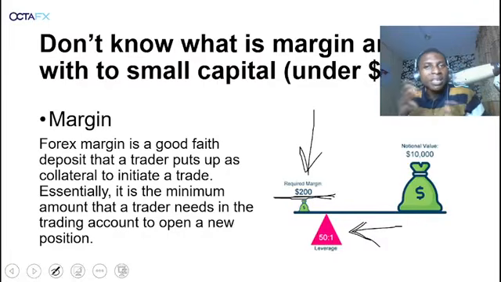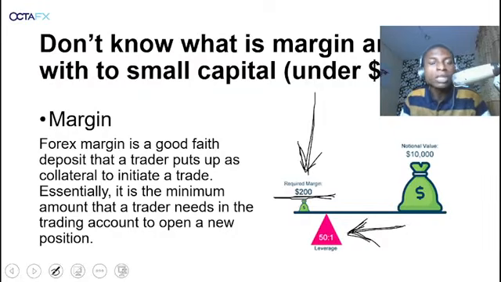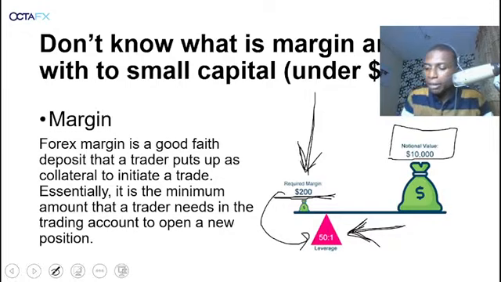Now when you use a bigger leverage, which means you are borrowing more money, you have the opportunity to cover bigger positions, right? So when you have $200 cash in your account and you are using a leverage of 50 to 1, you have the ability to open a position that is 50 times your deposit, your margin. So 200 times 50 is $10,000. Let me use Kazim, who is following also.